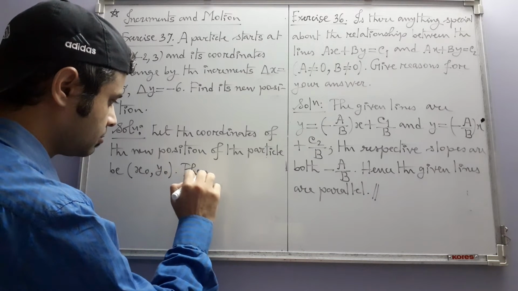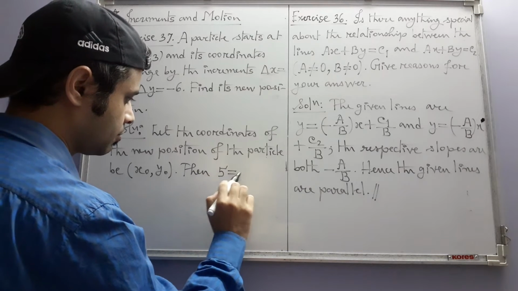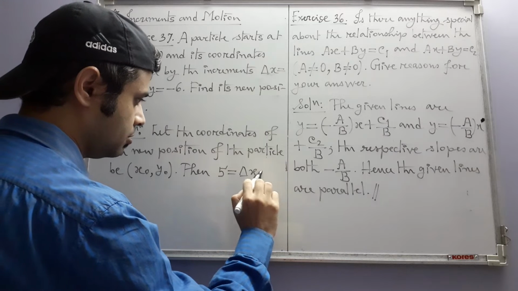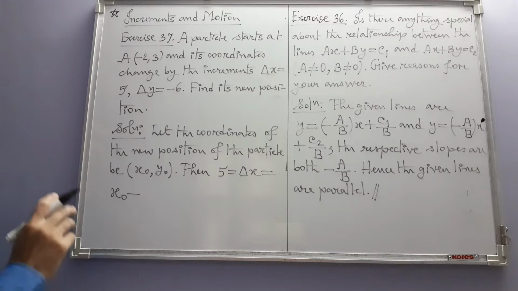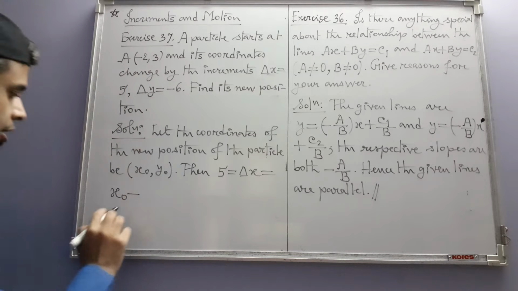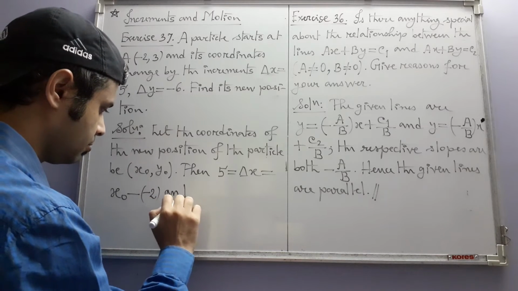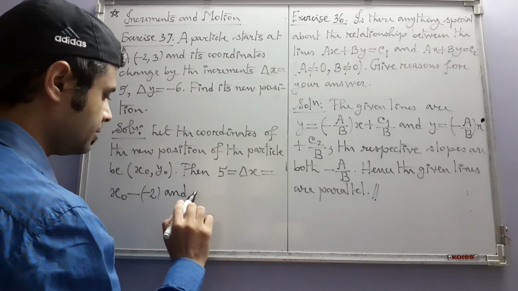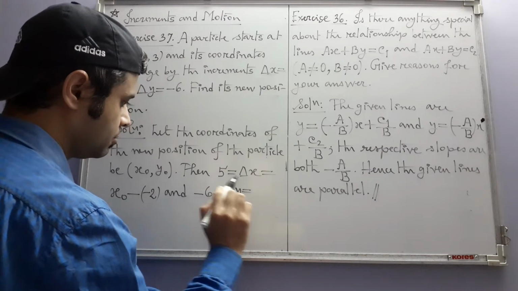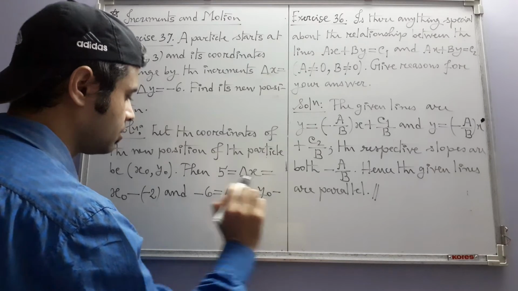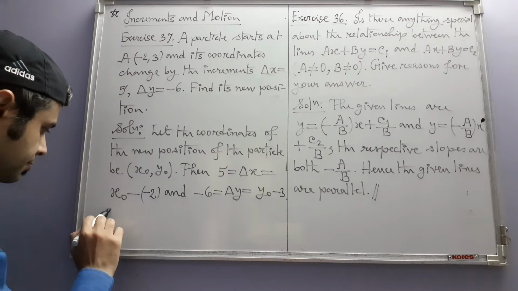Then delta x, which is given to be 5, is x naught minus the old x coordinate, that is minus 2, and the y increment, which is minus 6, is new y coordinate, which is y naught minus old y coordinate, that is 3.